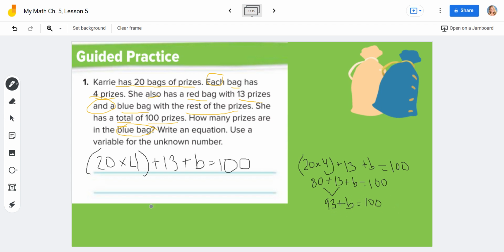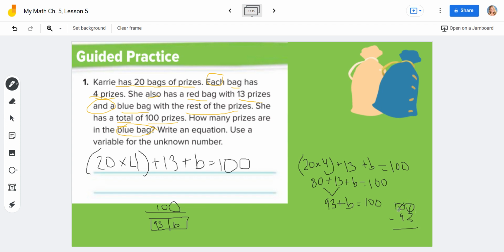Well, if I have an addition sentence, remember that bar diagram from earlier? If my total is 100 and I know that part is 93, how am I going to figure out what goes in the other part? I've got to subtract 100 minus 93.